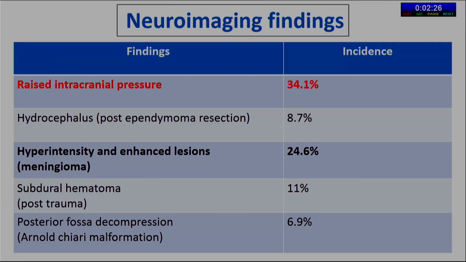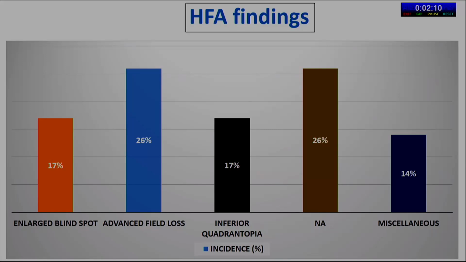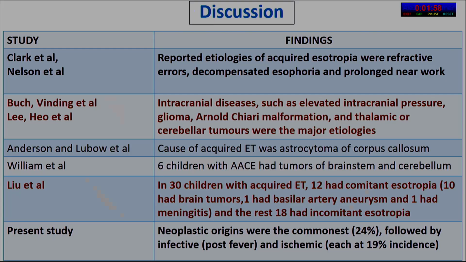We did neuroimaging, which is MRI brain and orbit with contrast, and along with MR venogram with contrast wherever applicable, which revealed a finding of raised intracranial pressure as the most common, followed by hyperintensity and enhanced lesion in 24.6% of the patients. On HFA, advanced field loss was the most common finding, followed by enlarged blind spot and inferior quadrant anopia. Due to poor vision, 26% of the patients' visual field could not be obtained.